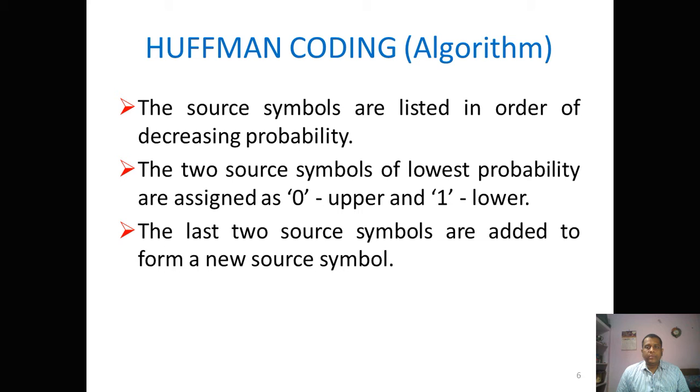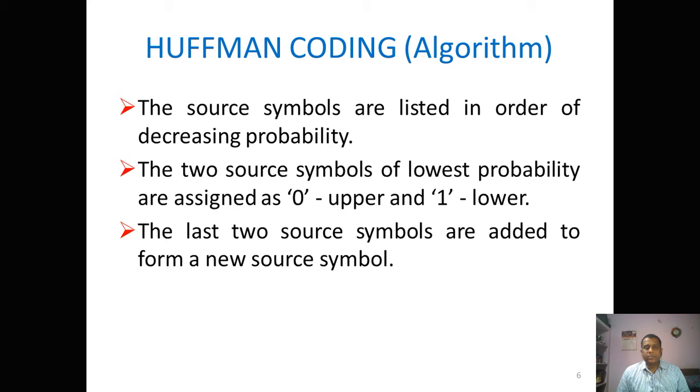We now move into the algorithm. The source symbols are listed in order of decreasing probability. The two source symbols of lowest probability are assigned logic 0 for the upper one and logic 1 for the lower one.